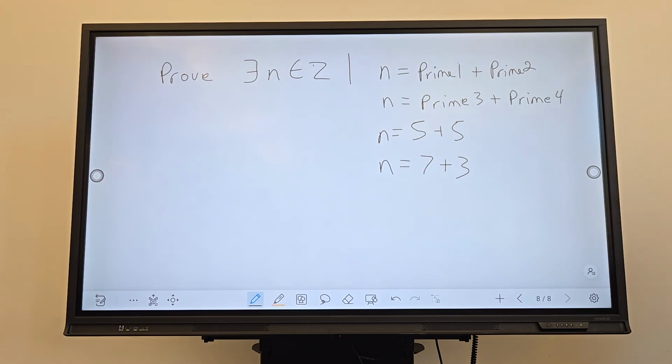How about this: suppose that r and s are integers. Prove that there exists an integer k such that 22r plus 18s equals 2k.